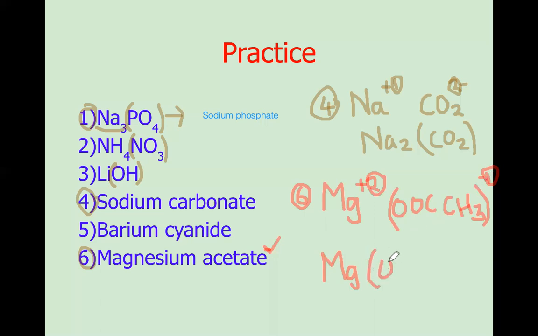So I'm copying the formula for acetate, CH3COO, and close the parenthesis, otherwise, you will mess up with the numbers. So bring the 2 here, down in the subscript. So this is the answer.